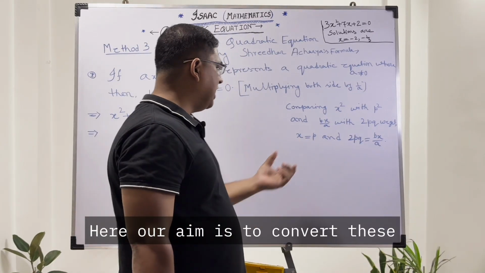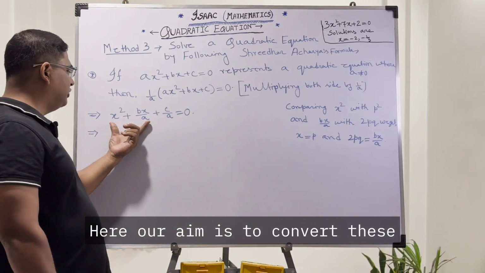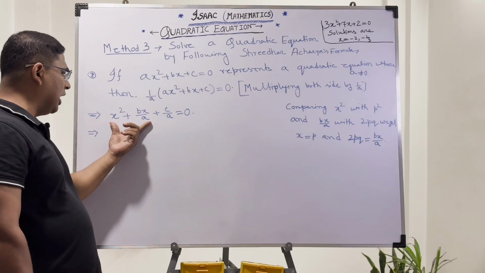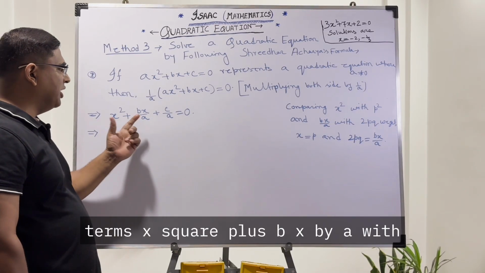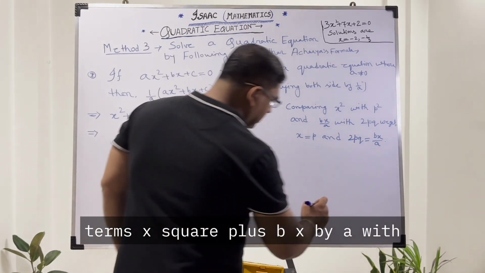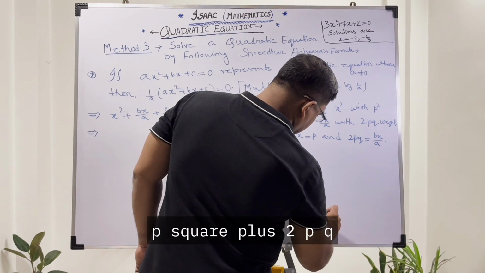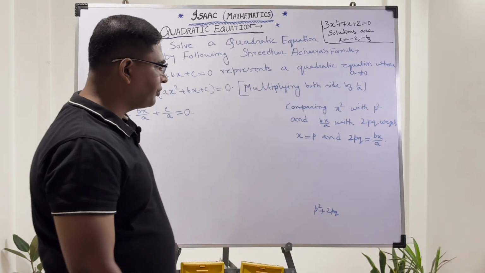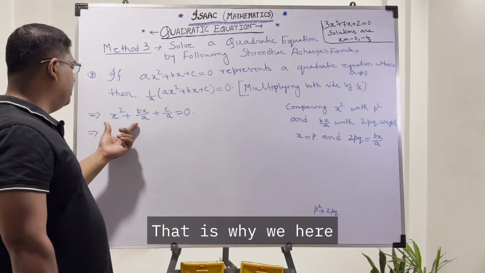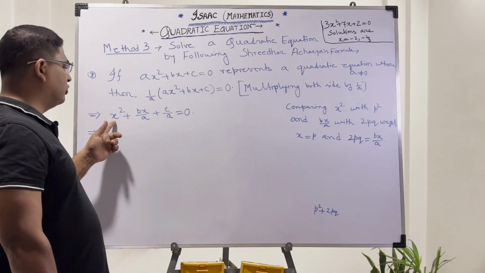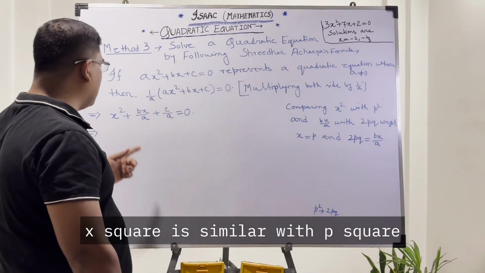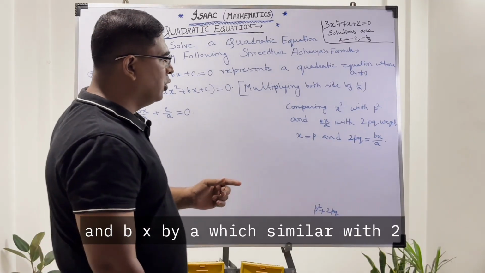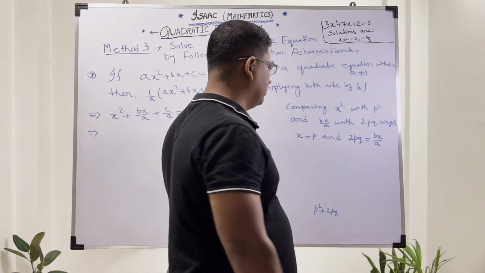Here our aim is to convert these terms x squared plus bx/a into p squared plus 2pq. That is why here x squared is similar to p squared and bx/a is similar to 2pq.